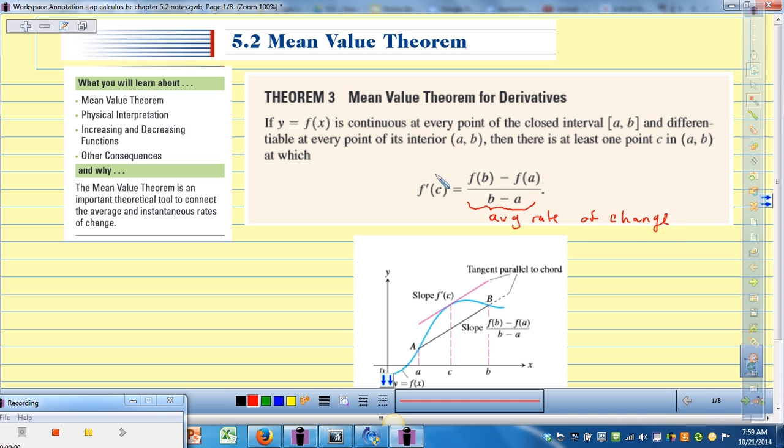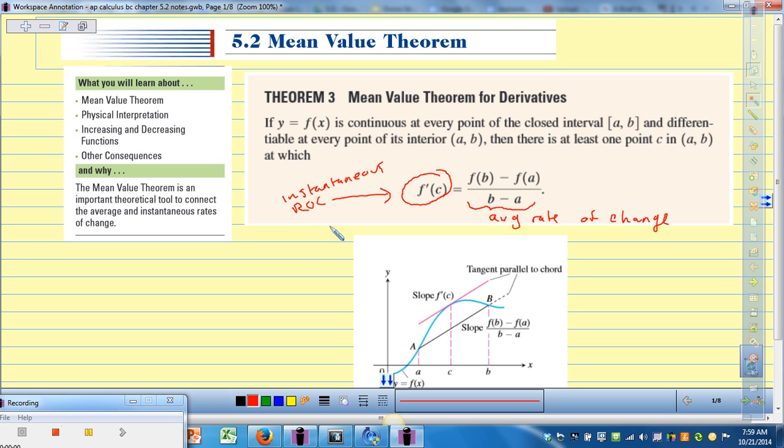And this is what you put in under instantaneous rate of change. Okay? So what you have just graphically investigated is called the mean value theorem.